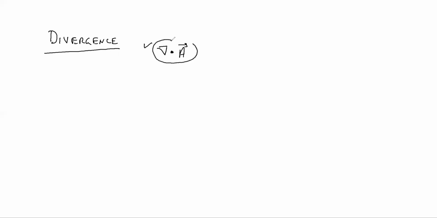We know that if we do A dot B, we will get AB cos theta, a scalar. So we will get a scalar field.